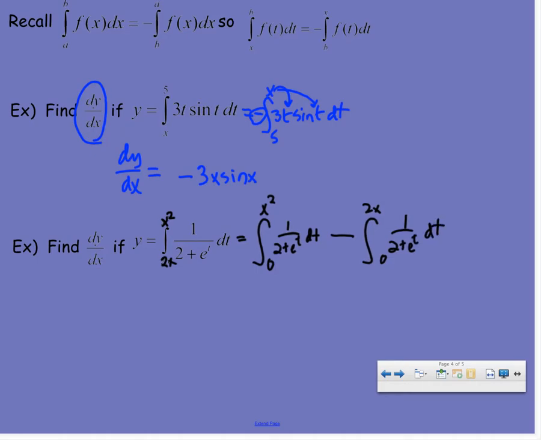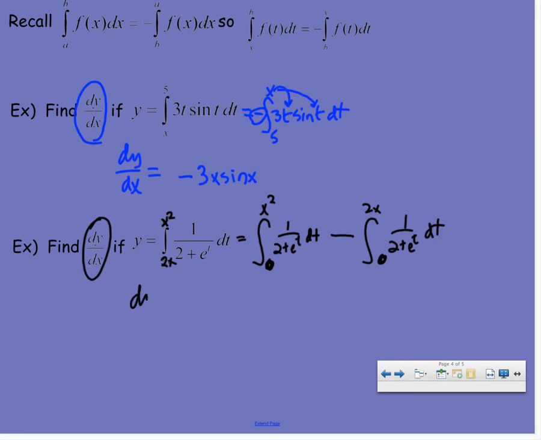Okay? So I'm using that same idea I did last time. So hopefully you're okay with this. And now look, oh great, I have a constant here and a function on top. Constant here, function on top. So now I can go ahead and take the derivative of both of those integrals.